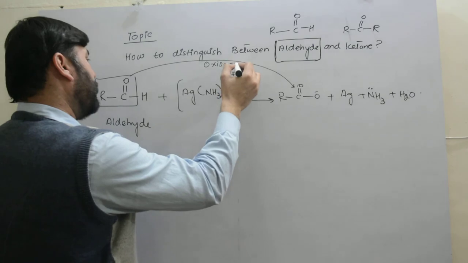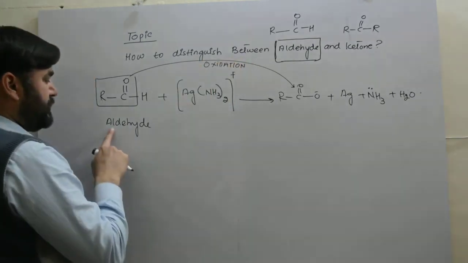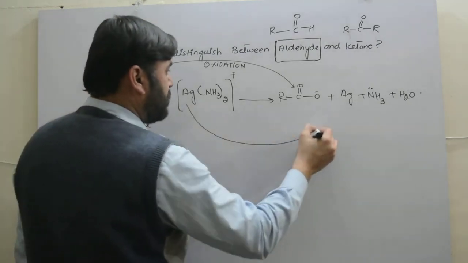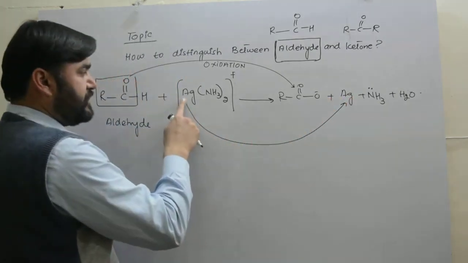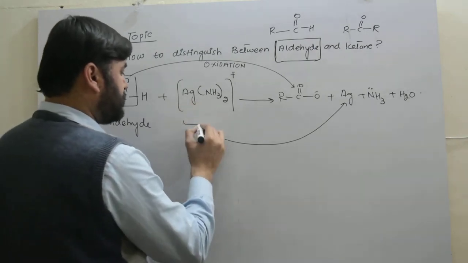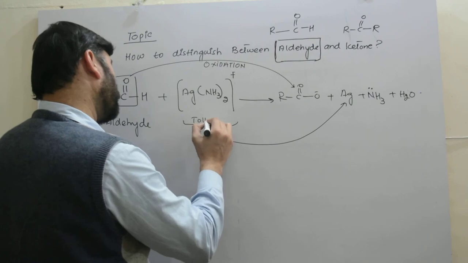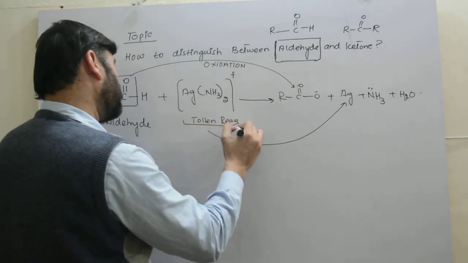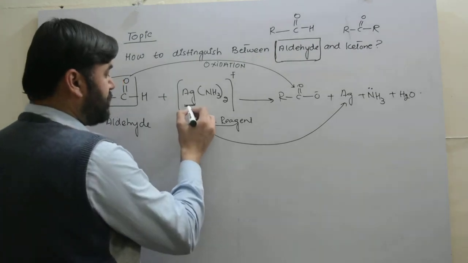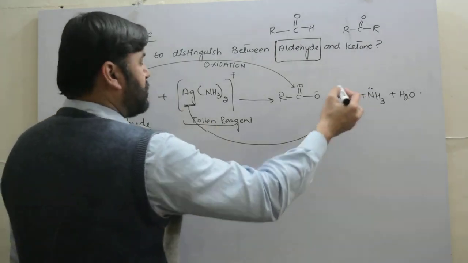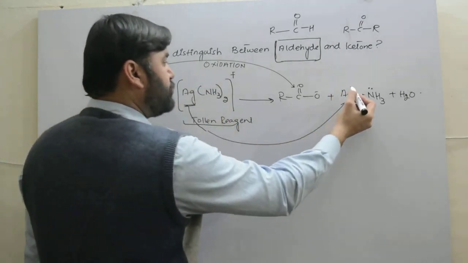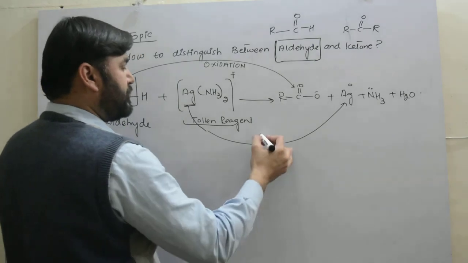Now see, the oxidation state of Ag in this Tollens' reagent, let me write it, this is called Tollens' reagent. In this Tollens' reagent, the silver's oxidation number changes from +1 to 0. So, this is called reduction.